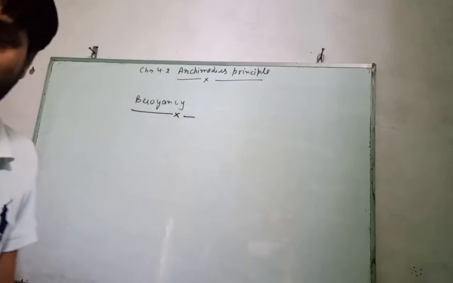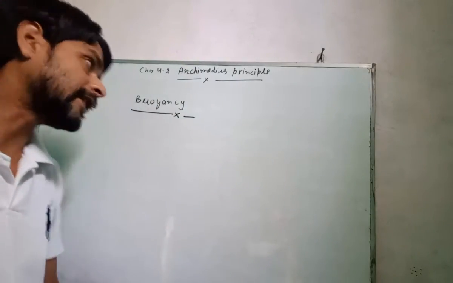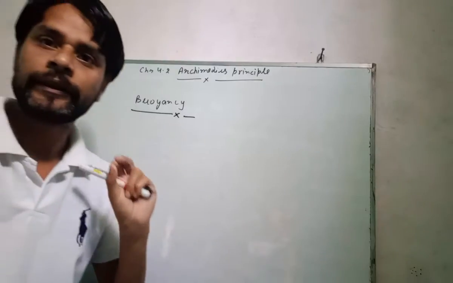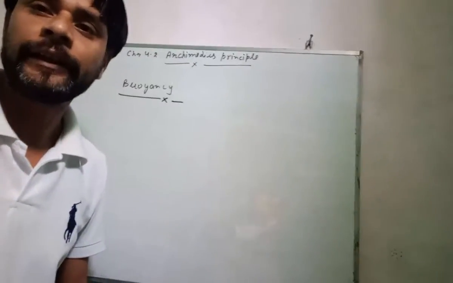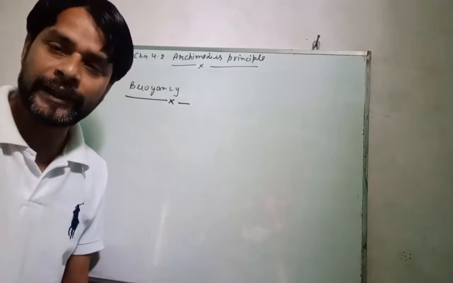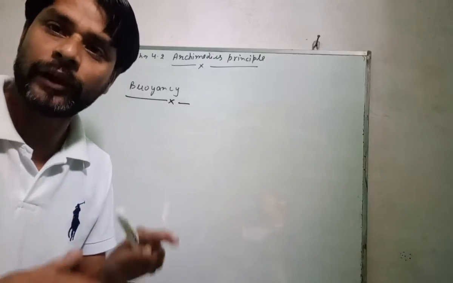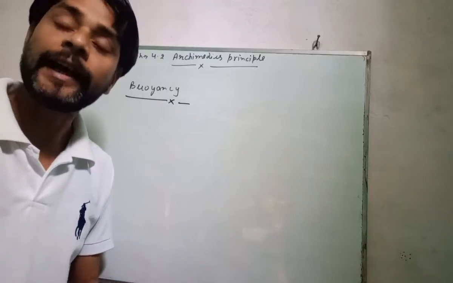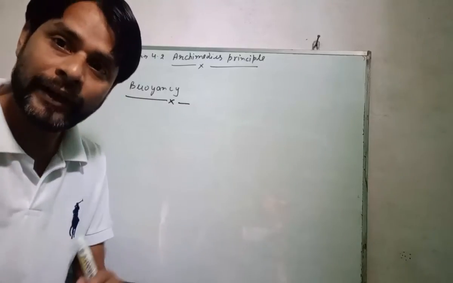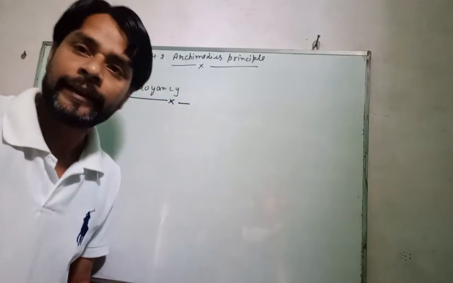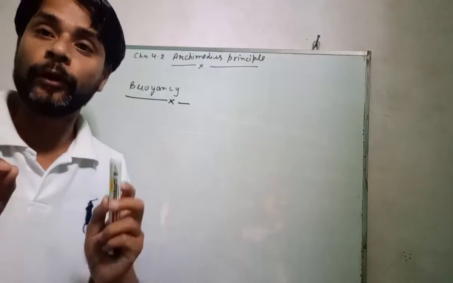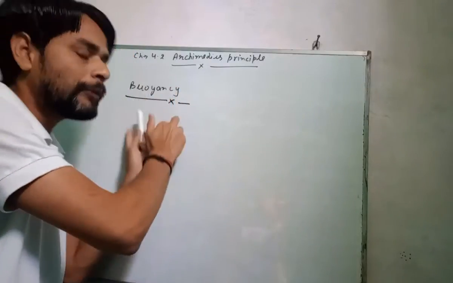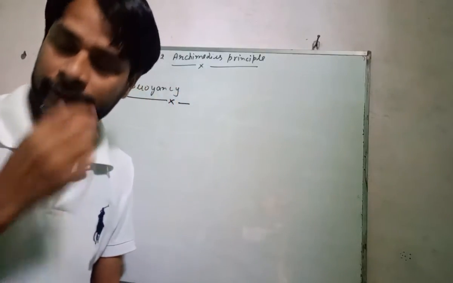That is called buoyant force, and this phenomenon is called buoyancy. I repeat it. When an object is immersed in water, a force acts on the object upward. That force is called buoyant force, and the phenomenon is called buoyancy.